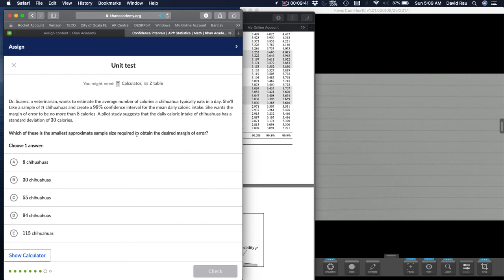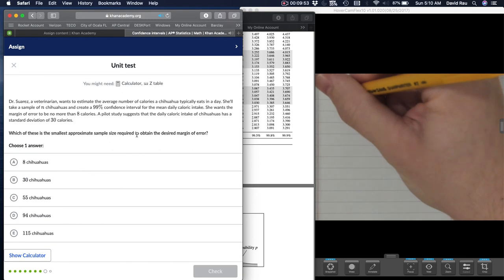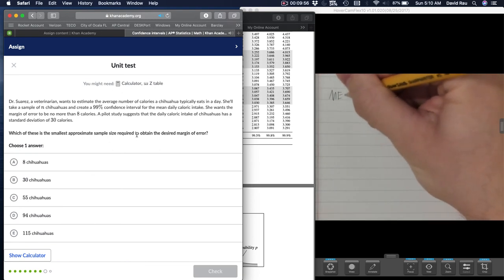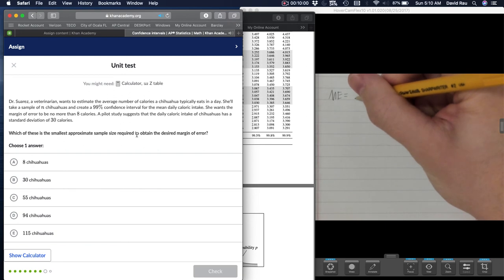Now we're talking about getting a particular sample size, and we're doing this for a mean question. So in a mean question, again, what controls your margin of error, the margin of error is what goes after the plus minus, in this case, your critical t or z-value.